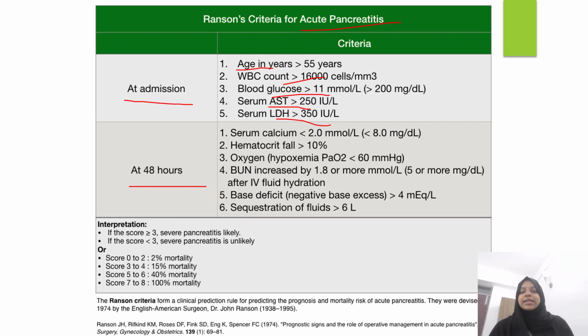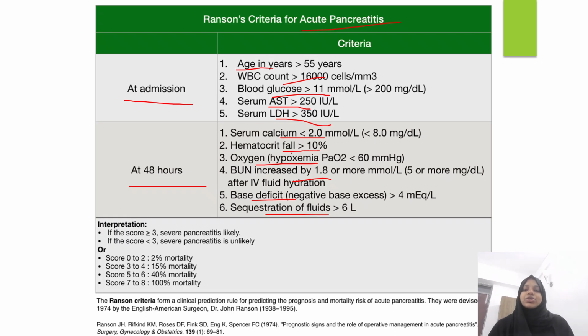And at 48 hours, it is the serum calcium, low serum calcium or hypocalcemia, hematocrit fall more than 10%, oxygen, that is hypoxemia, BUN increased by 1.8, and base deficit and sequestration of fluids.